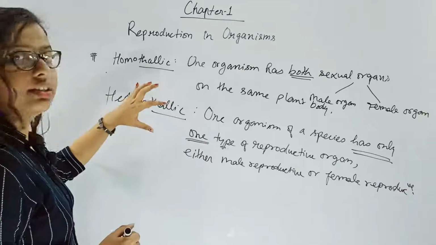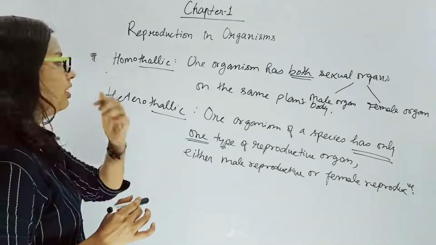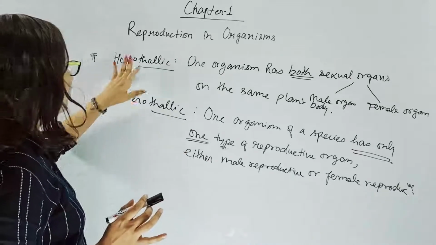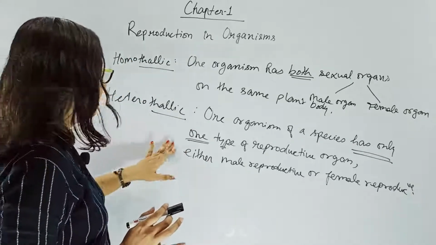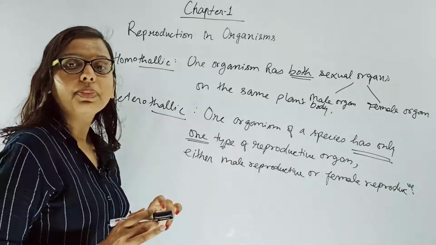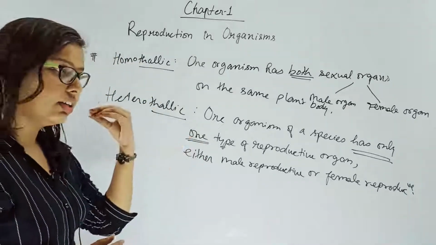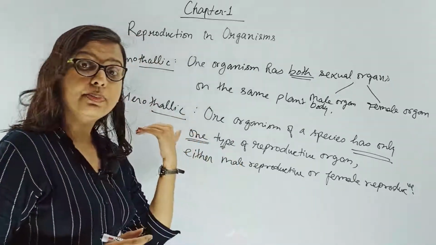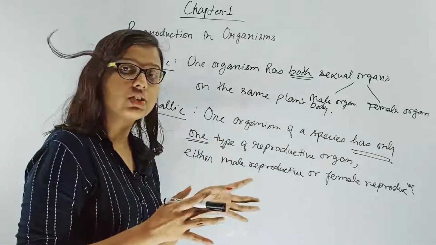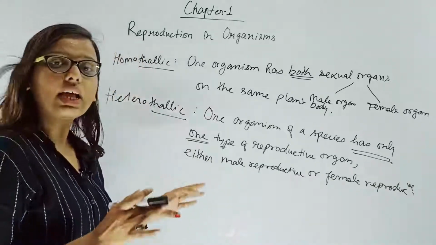So this was about the lower plants. In case of lower plants such as algae, bryophytes, etc., there were the terms homothallic and heterothallic. In pteridophytes also, there are certain plants which are homothallic and certain plants which are heterothallic. You already studied the pteridophytes in class 11th.